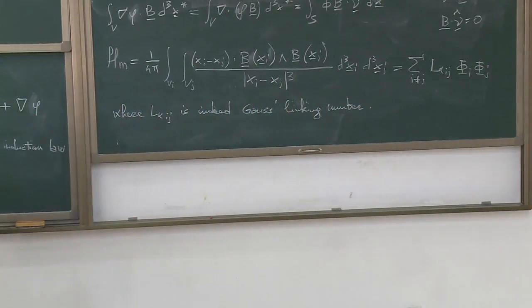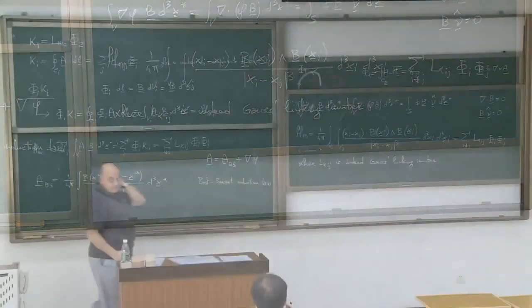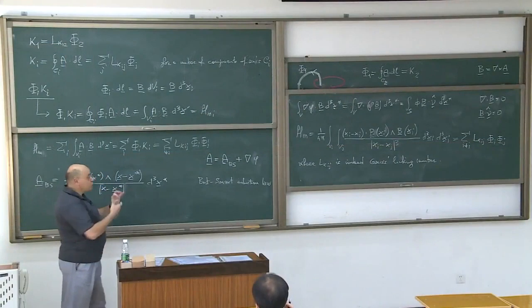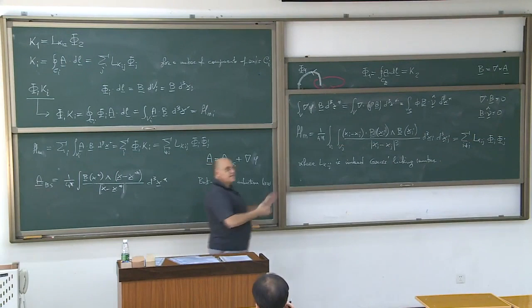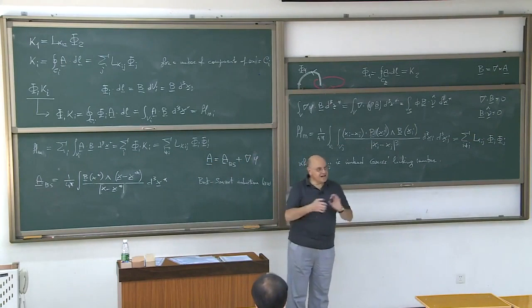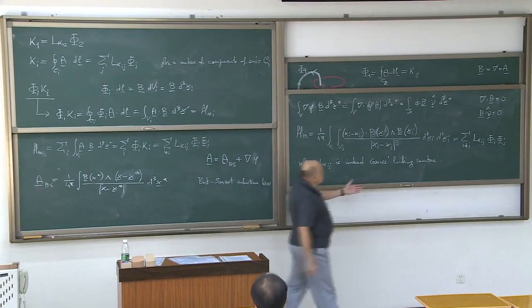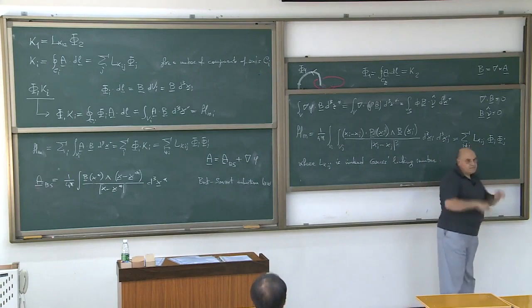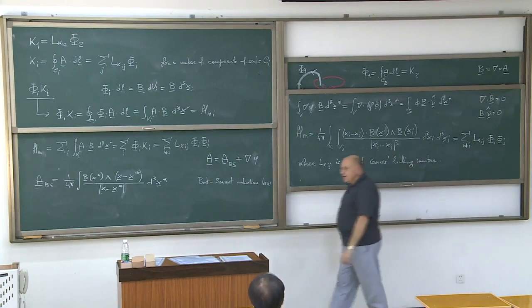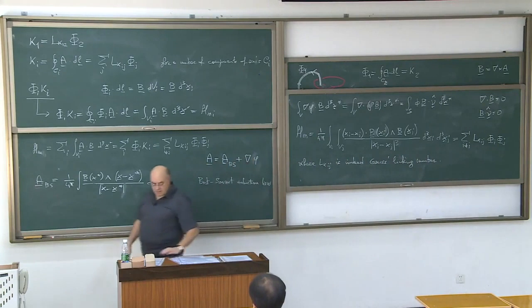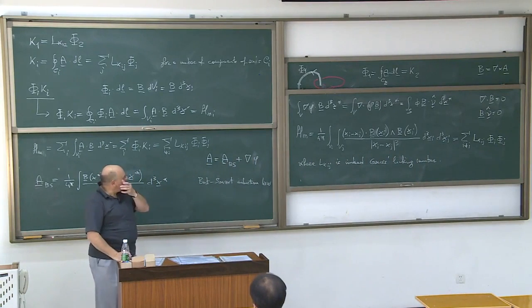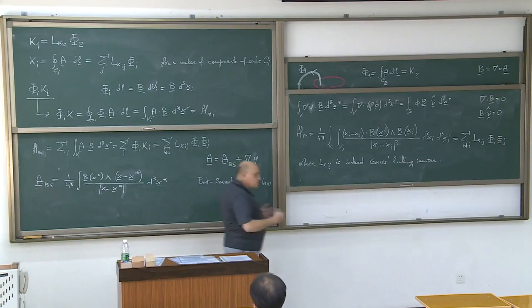So we established the connection between helicity of two, for the moment, let's say, planar rings that are linked together, and then many more, n planar rings altogether, or n combination of planar rings. Now, of course, we are not happy because we want to say something even more general.